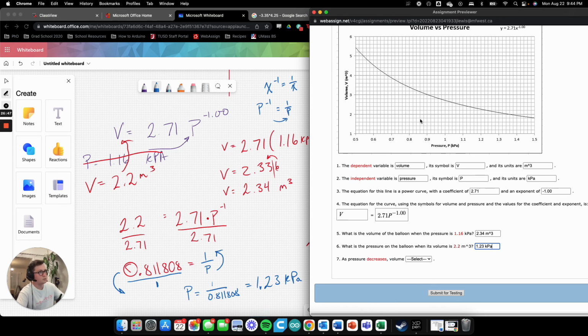Okay, as pressure decreases, so as we go from 1.2 down to 0.6, the volume is increasing. Yeah, that makes sense.